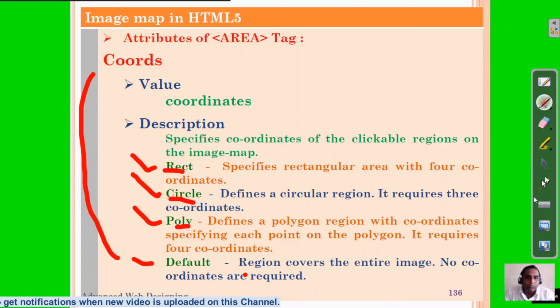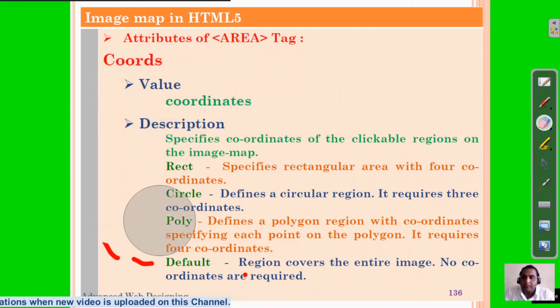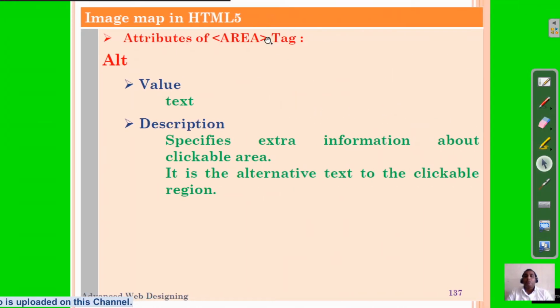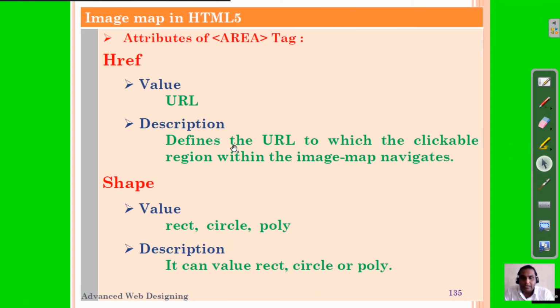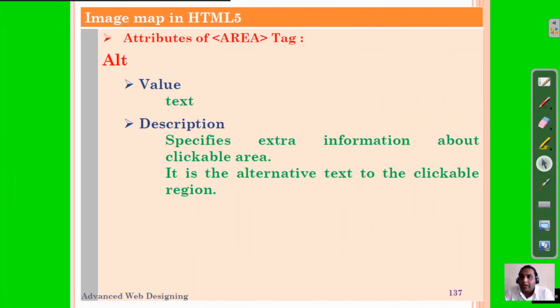Now moving to the next slide. Attributes of the area tag again. After your href, shape, coordinates, we have the alt attribute. With the help of the alt attribute, we specify some text. When you place a mouse pointer on that image, you get some readable text.